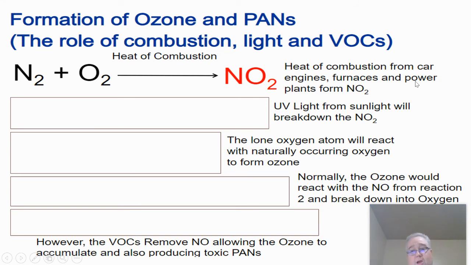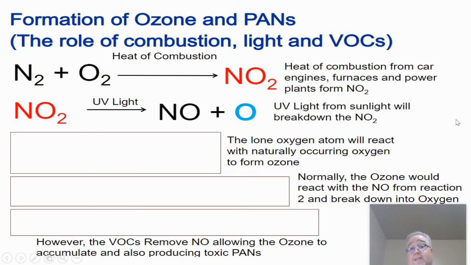Again, I think the big culprit here is automobile engines, but there are some other things as well that can put it up there. So, when nitrogen reacts with oxygen, you're going to get NO2. This is how it gets into the air first. Now, once it's in the air, we said earlier that it can react with ultraviolet light.